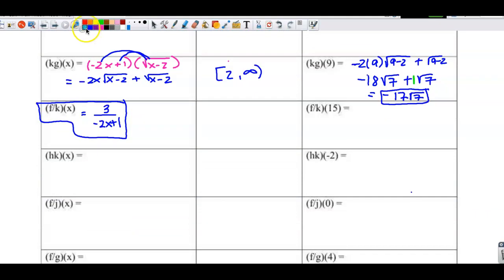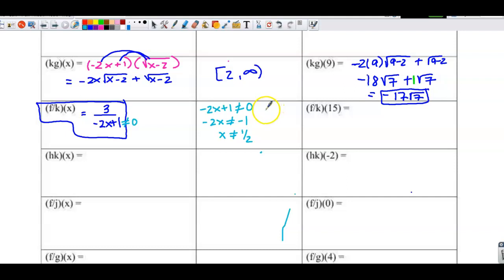But division always poses a problem. You can never let the bottom equal 0. So I have to set negative 2x plus 1 and say can never equal 0. So negative 2x can never equal negative 1. So x can never equal 1/2.